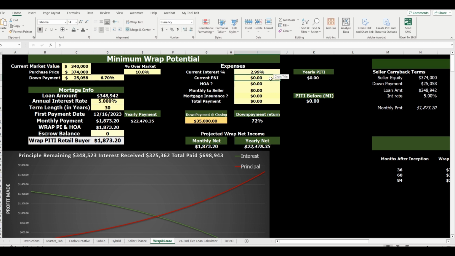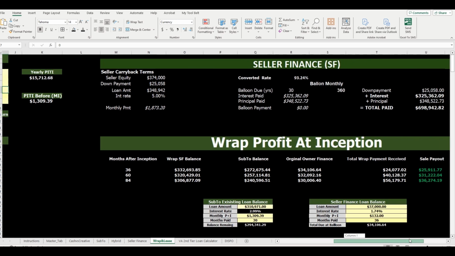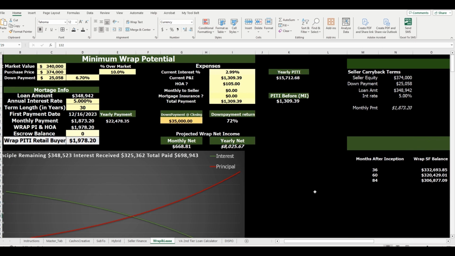There is a current P&I of 1309.39. There is an HOA on this property, so we're going to include that. It's 105. The seller is going to get a monthly payment of $132, which is noted down here for the seller carryback. So we'll plug that here.